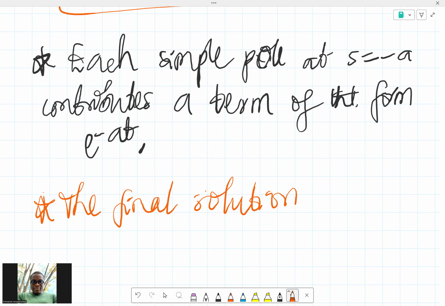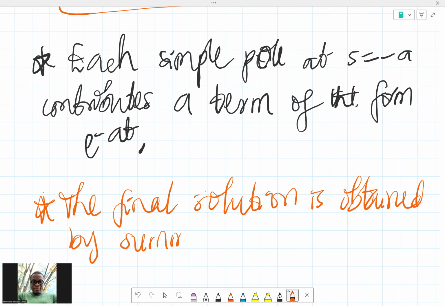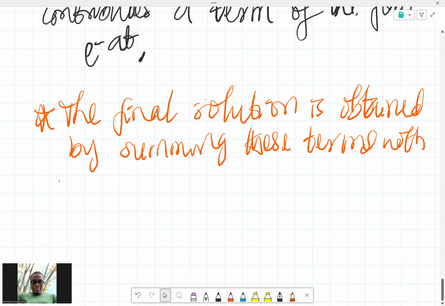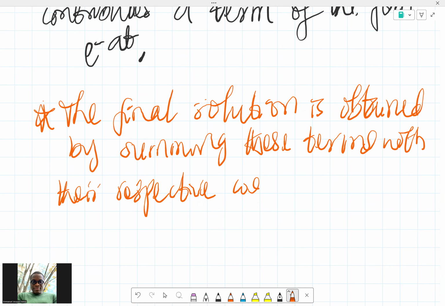The final solution is obtained by summing these terms with their respective coefficients.